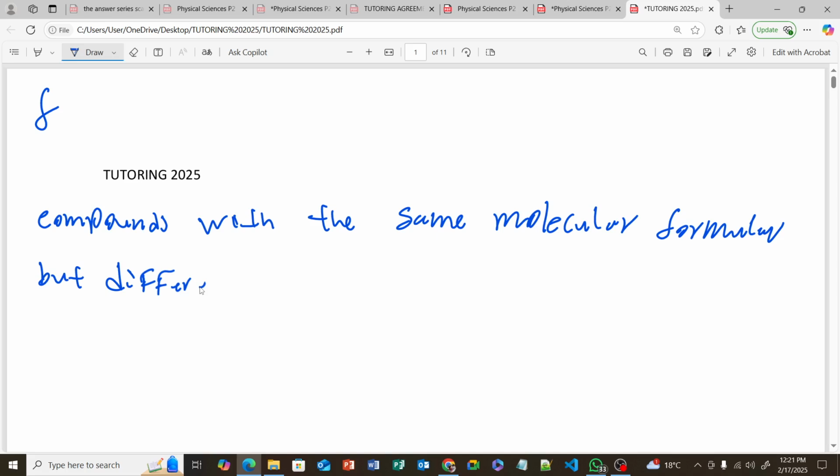Different position. Now position of what? Position of maybe a chain or of a functional group.